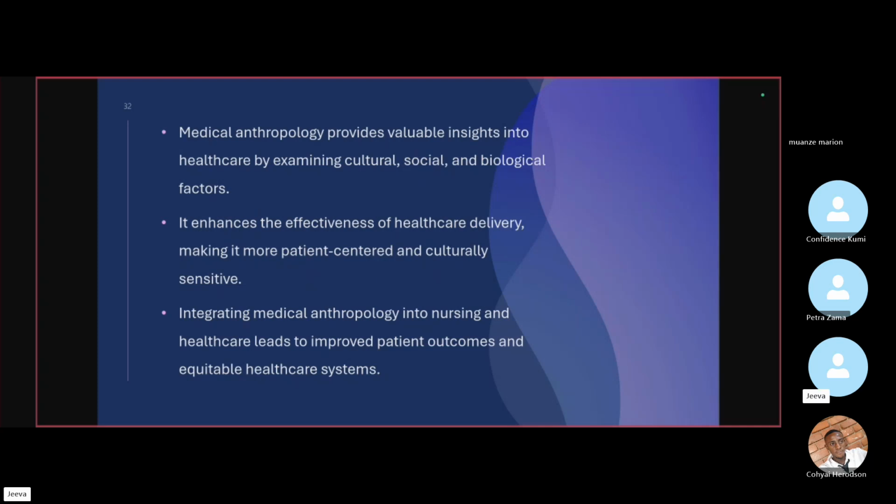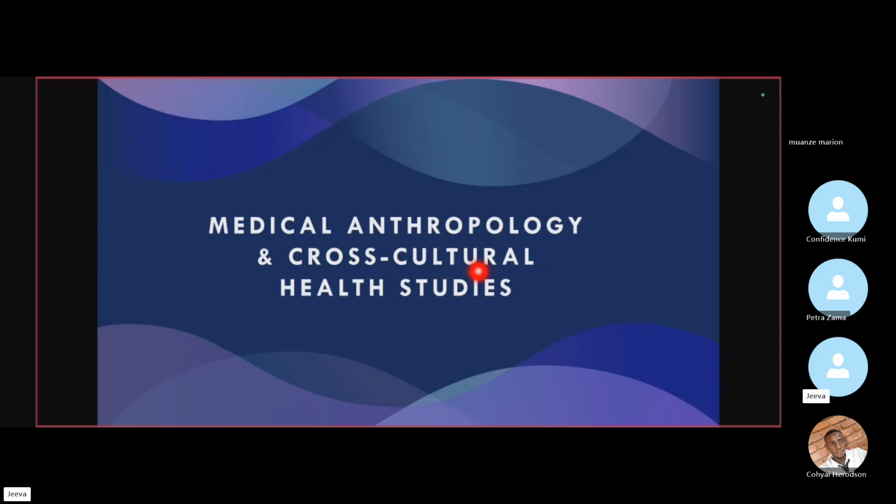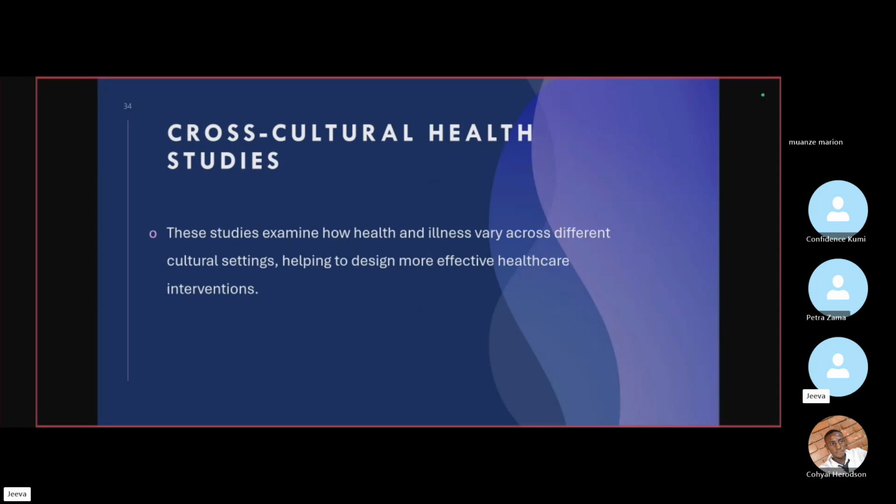Okay. Now we'll move on to medical anthropology and cross-cultural health studies. So what do you mean by cross-cultural health studies? These are studies which examine how health and illness vary across different cultural settings and help to design more effective healthcare interventions.